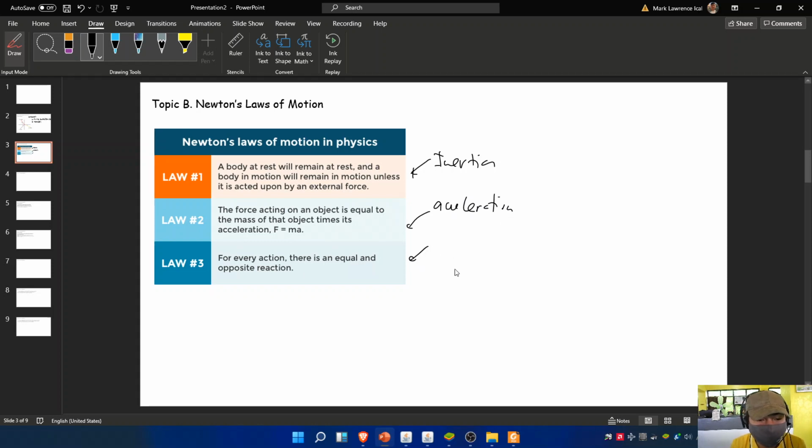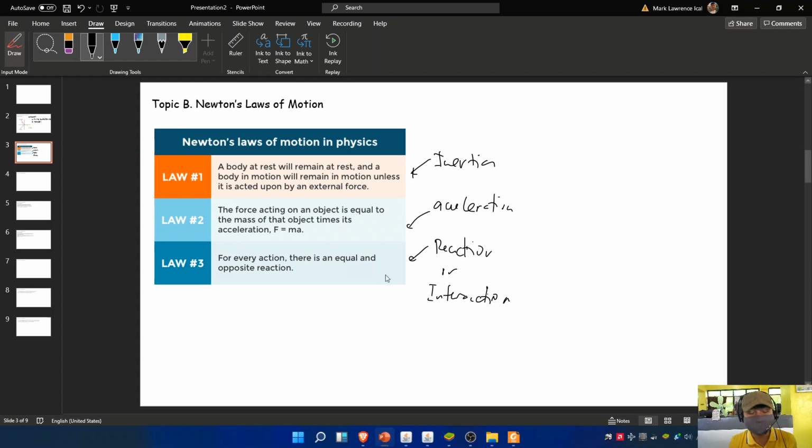Last one, third law. For every action, there is an equal and opposite reaction, and this is called the reaction or interaction. Okay, napin lang mga spelling niya sa YouTube.